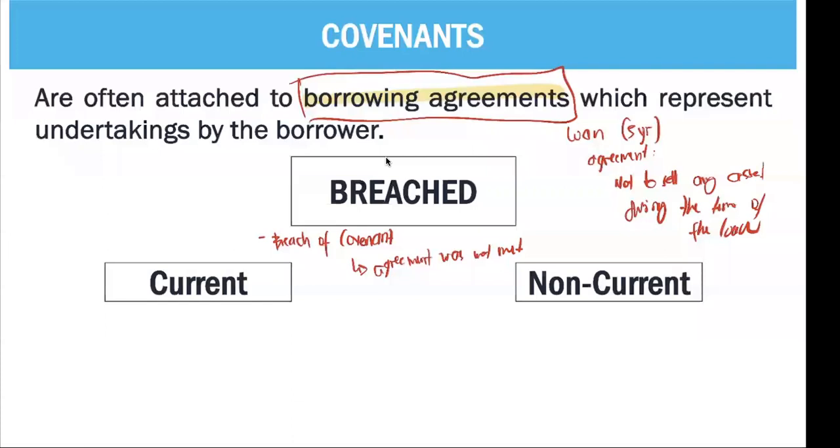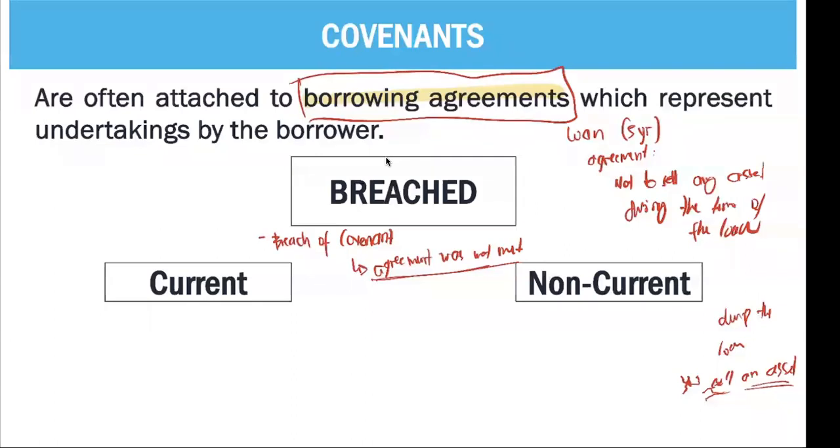When we say it is breach, during the loan, you sell an asset. Let's say under the agreement, you should not sell any long-term asset or property, plant, and equipment. However, during the term of the loan, you sold property, plant, and equipment. What happens to the loan? It is considered breach. It means that the agreement was not kept.